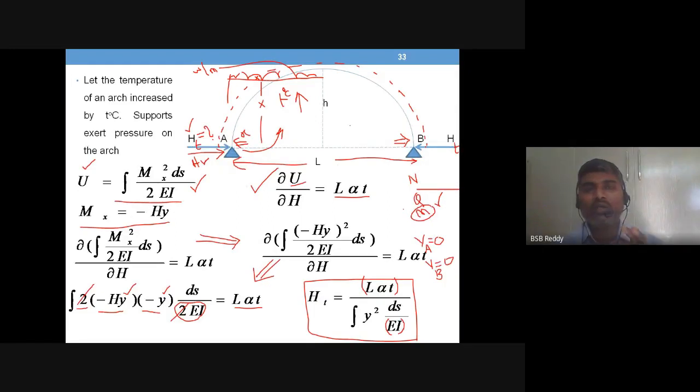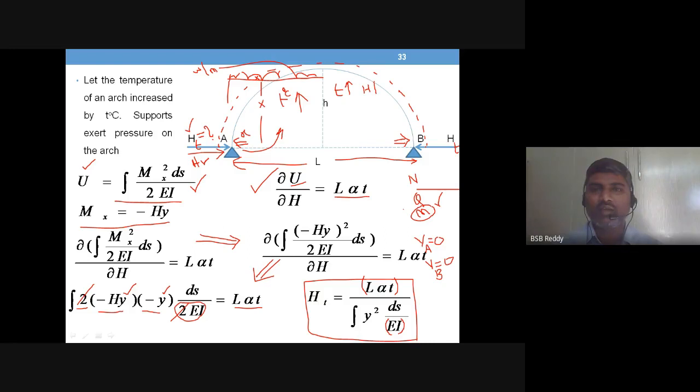So what happens when you have loads as well as a temperature increase? If temperature increase is there, your H from temperature change is adding to the H from loads.